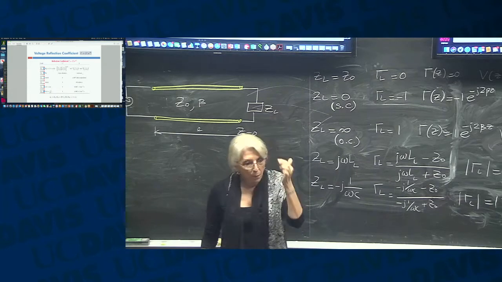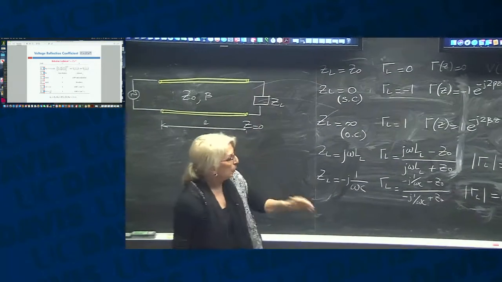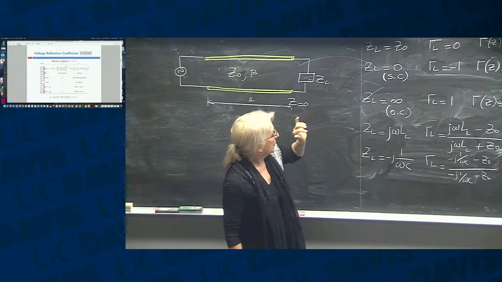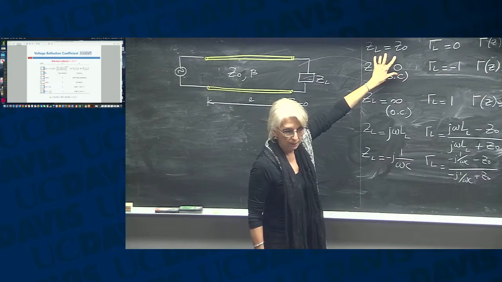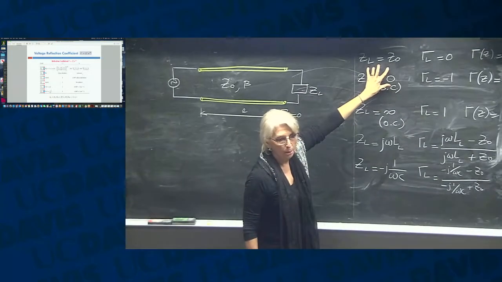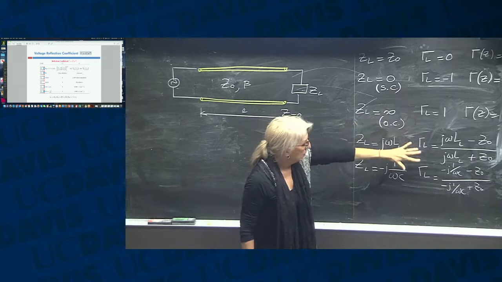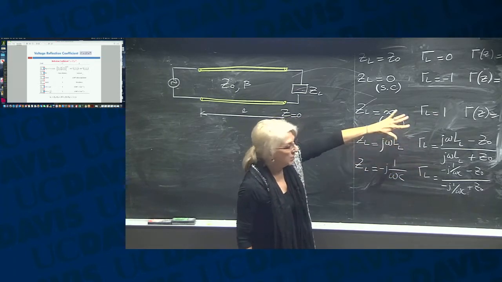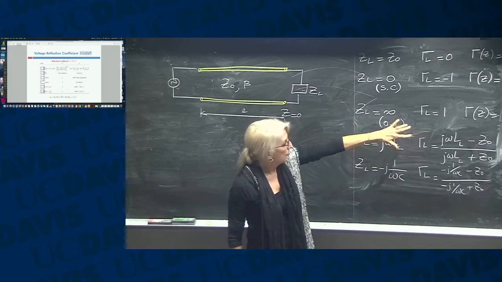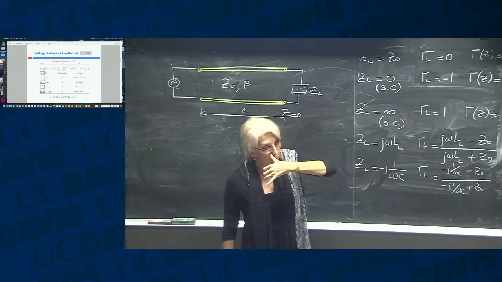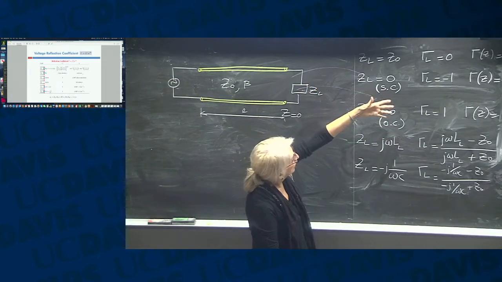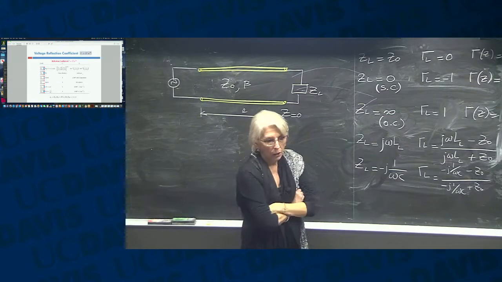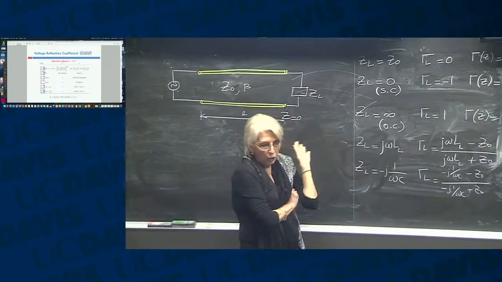But the only perfect match happens if your load is 50 ohms. The only perfect match. Anything else in your load is not good, which means you will have to put something in front of the load to be able to change the reflection coefficient at that point.